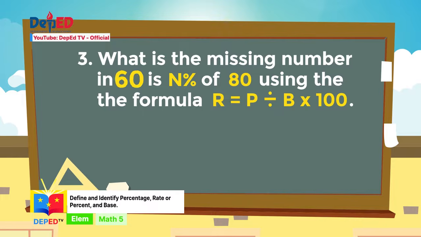Number 3. What is the missing number in 60 is n% of 80?